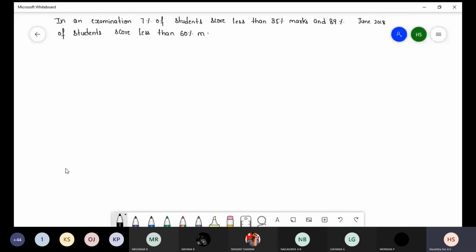Find the mean and standard deviation if the marks are normally distributed.